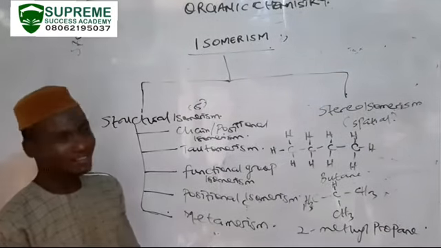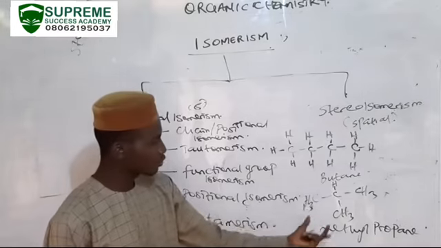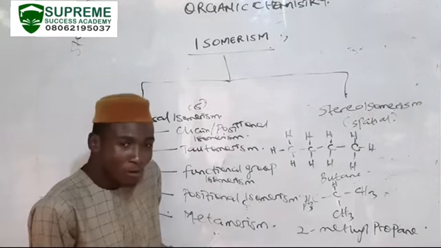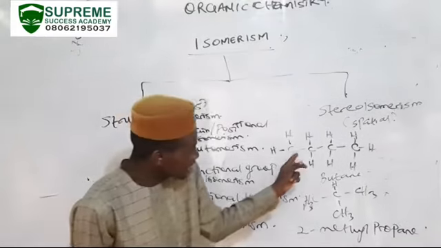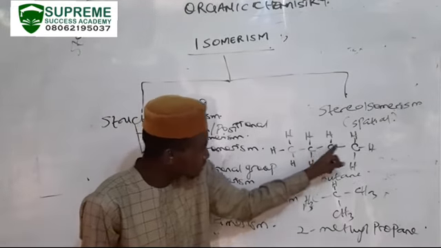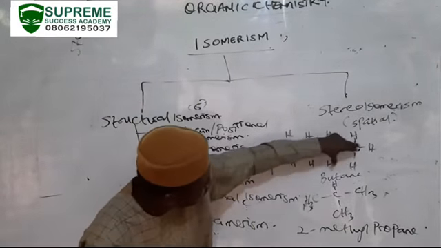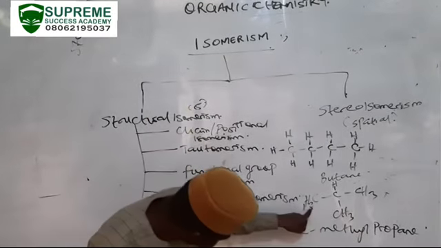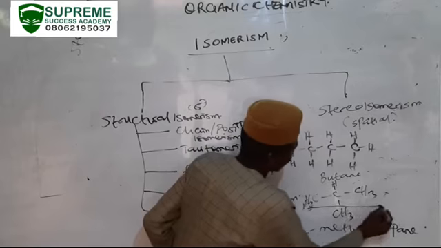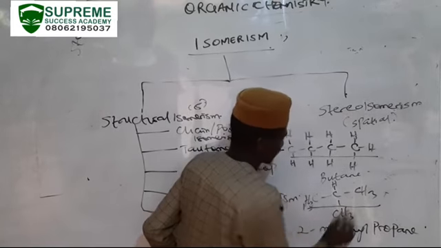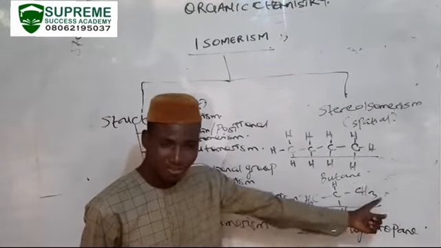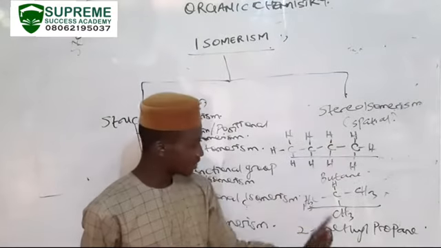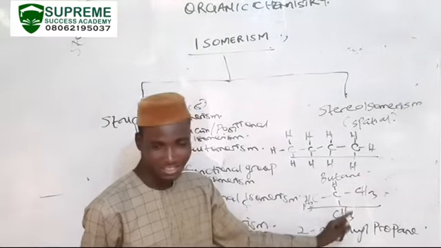Looking at butane and 2-methyl-propane, we realize that they have the same number of carbon atoms. But looking at the chain of this, it is 1, 2, 3, 4. This chain has 4 carbon, while this chain, looking at this line, has 3 carbons. So the chain length of the first is 4, the chain length of the second is 3.